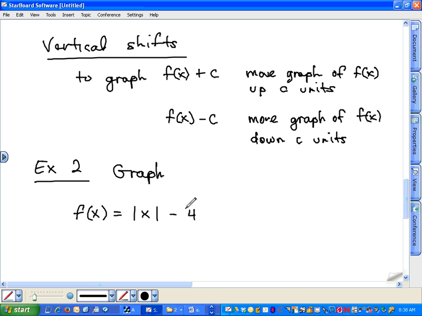Would you describe this as inside or outside of a function? Outside of a function. So that follows this definition right here. This is a vertical shift. Since it's minus 4, it's going to shift the graph down.